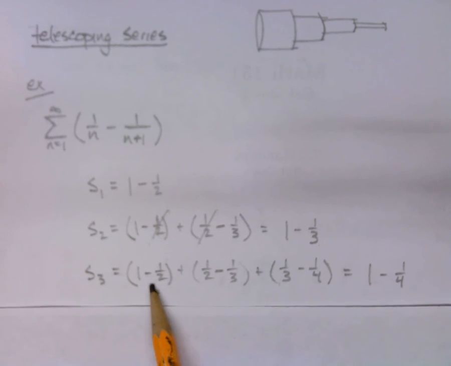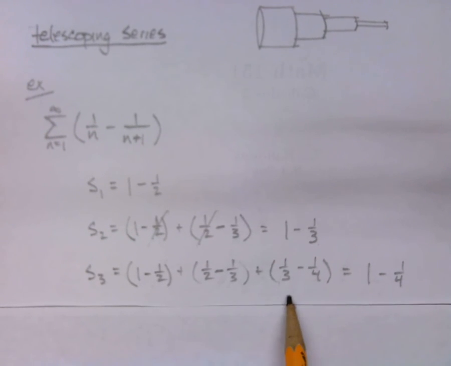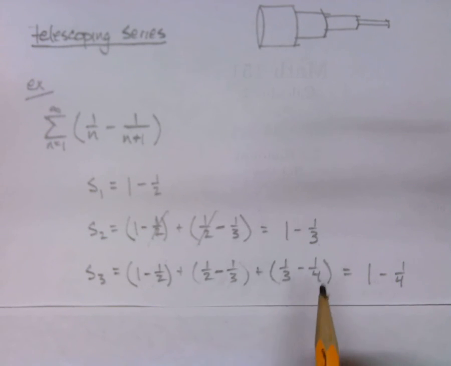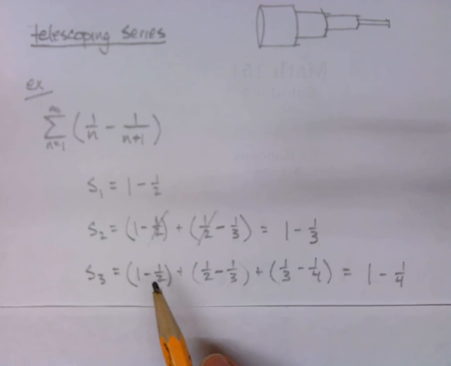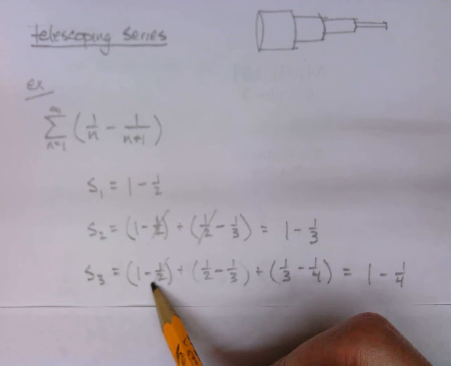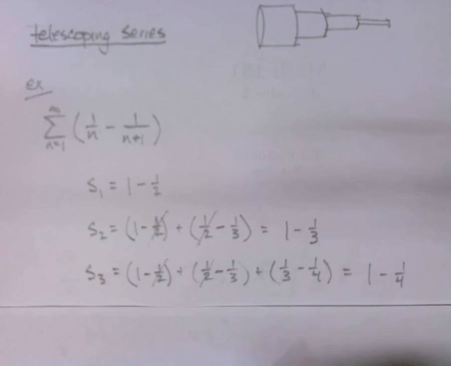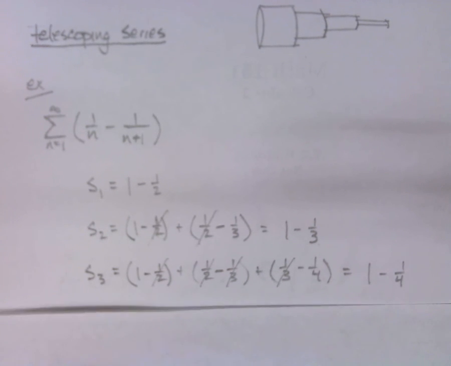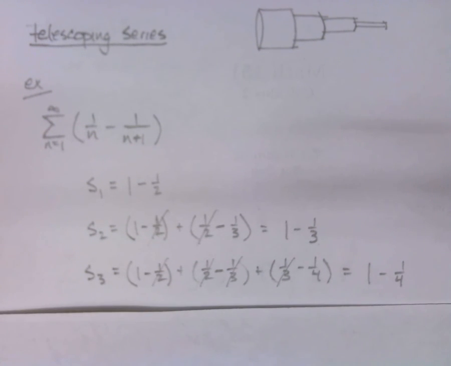Well, I've got the first term plus the second term plus the third term. The third term is now 1 over 3 minus 1 over 4. And if I look at all these, how are they going to add up? Well, wait a second, negative a half and positive 1/2, negative 1/3 and positive 1/3. All that's going to come out of it is 1 minus 1/4.